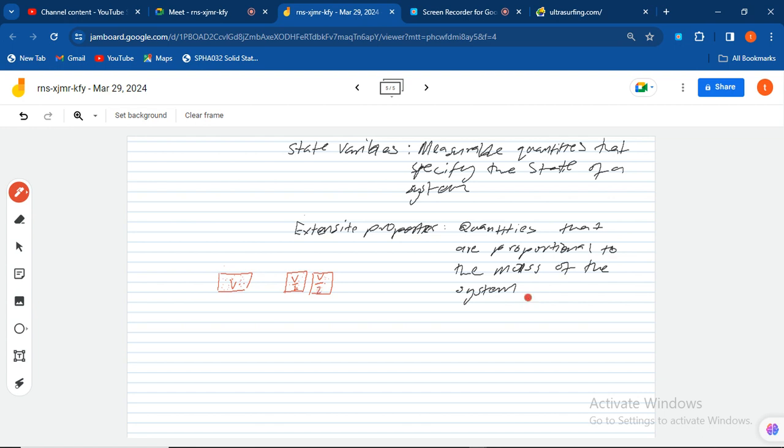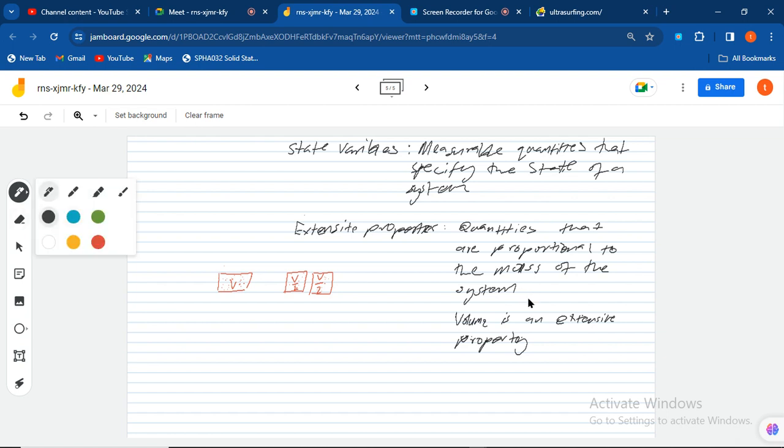It's V over 2 now instead of V. So it means volume is an extensive property. Volume is an extensive property.